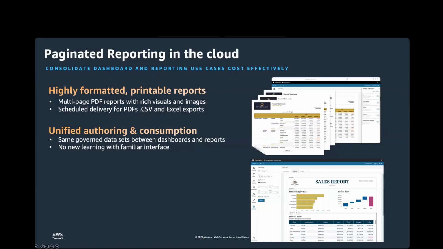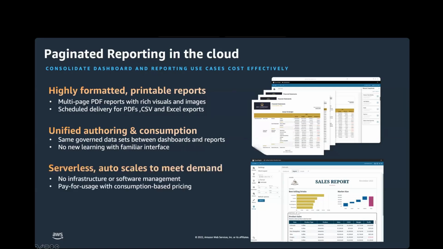Users can view the same source of truth across dashboards and reports, and you do not have to decide between them, thus unifying authoring and consumption with no new learning. Paginated reports is serverless and auto-scaled like the rest of QuickSight, requiring no infrastructure or software management, with pay-for-usage and consumption-based pricing and auto archival up to 1 year.